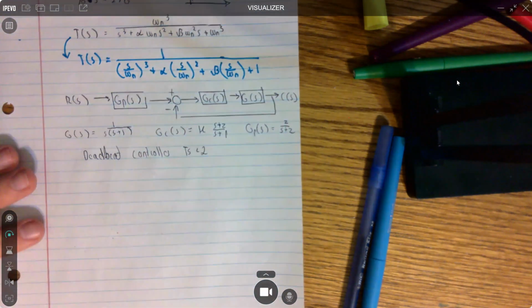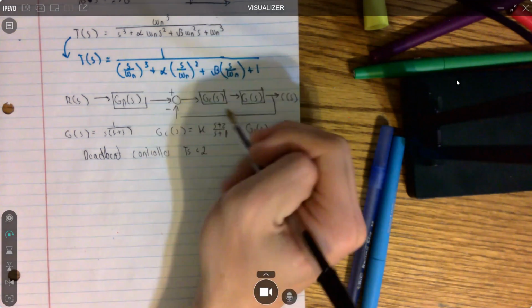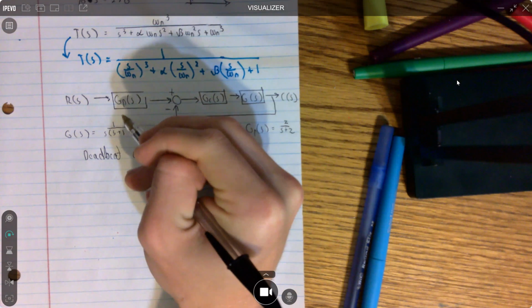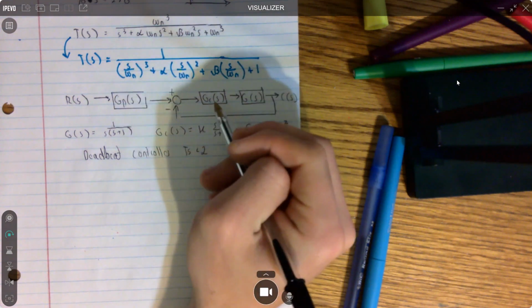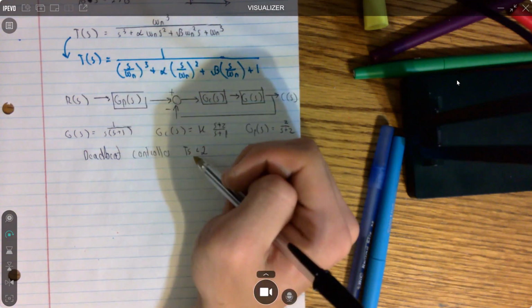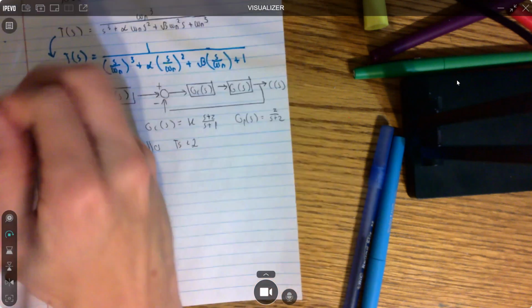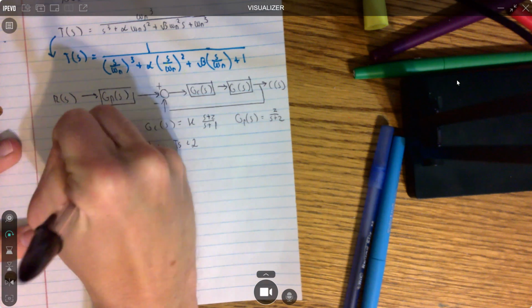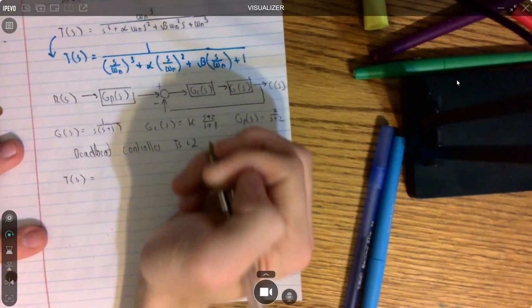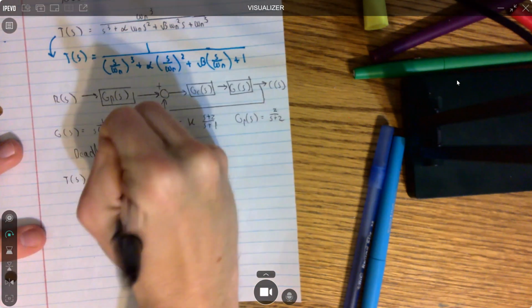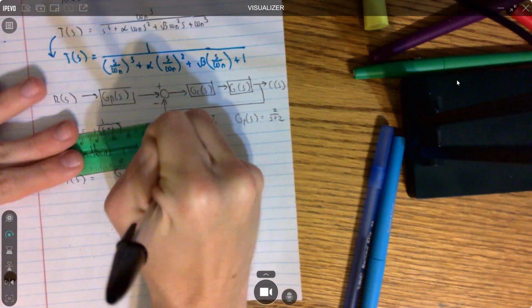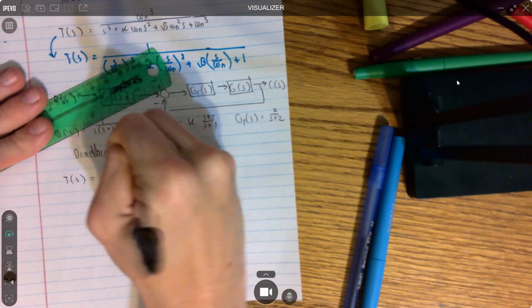What I suggest is you find the transfer function of this system, because we have a pre-filter. The pre-filter is going to cancel the zero in here. So let's evaluate this specifically. If we find the transfer function, our T of s is going to equal GC of s times G of s all over 1 plus GC of s G of s.